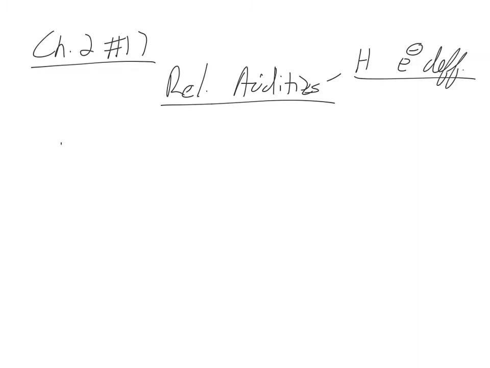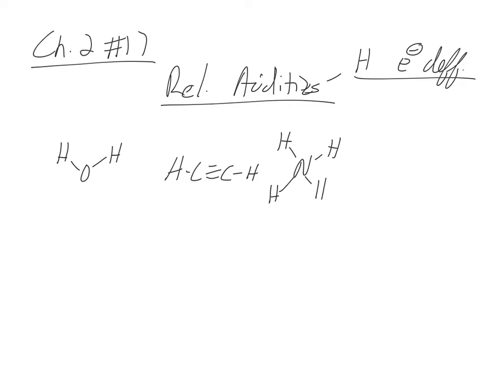Our acids are water, which isn't drawn out, and some of these aren't drawn out. We have acetylene, NH3, an alkene, and methane, CH4.